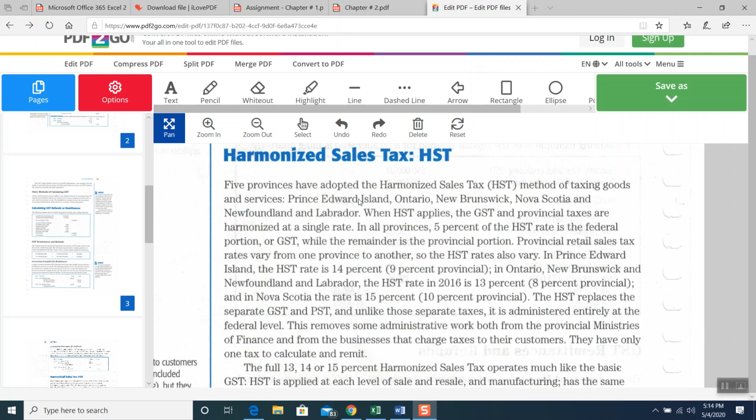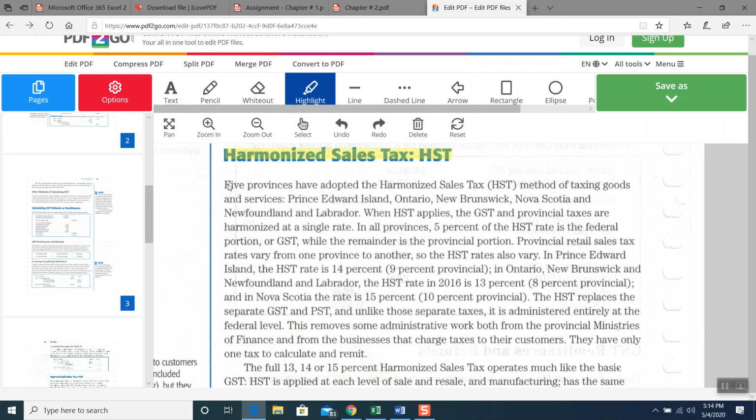Last but not least, the last one is called Harmonized Sales Tax. Again, the HST term is called Harmonized Sales Tax. Now, what is Harmonized Sales Tax? Let's consider that GST plus PST is equal to HST.